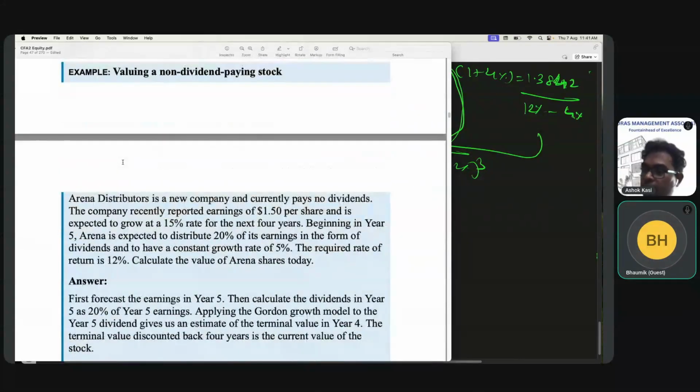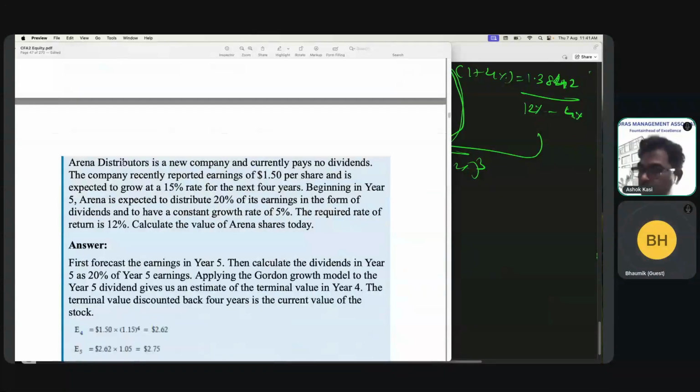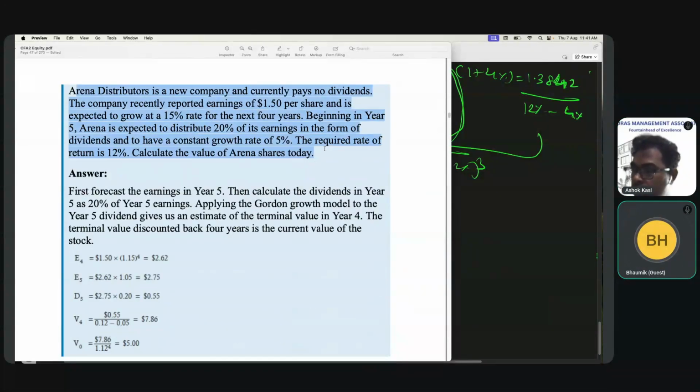Next, valuation of a non-dividend paying stock. Just go through this. It is not going to pay dividend for the next 4 years. No dividend.